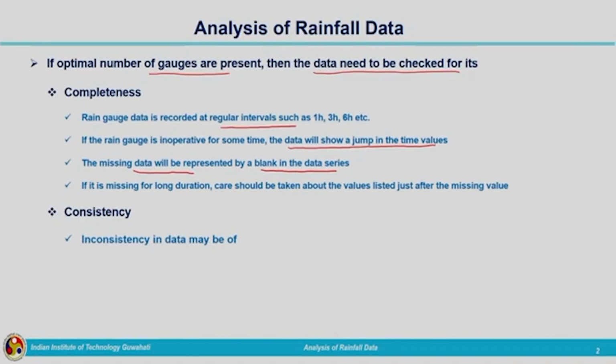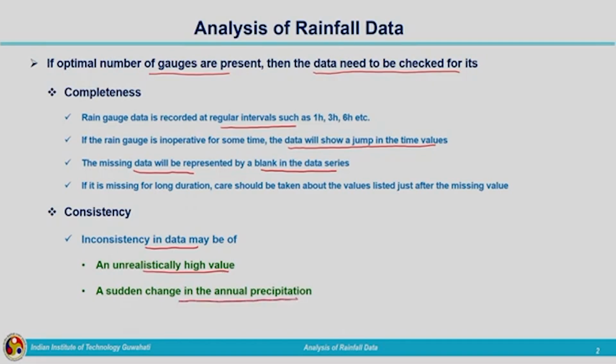The second one is the consistency check. Inconsistencies in data can occur in certain cases. Sometimes the data will show unrealistically high values. We may have a rainfall data series for a long period with no blank spaces, but still some data points may contain errors, showing very unrealistically high values, and sometimes a sudden change in the annual precipitation.